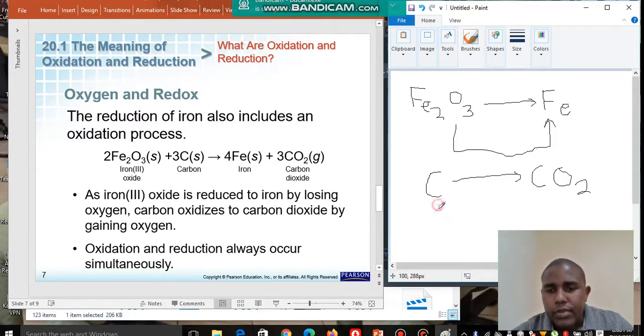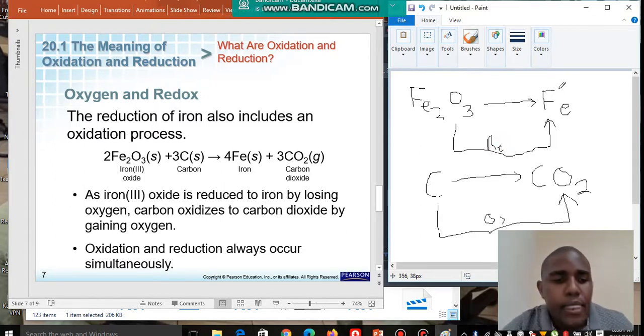As you can see, there is addition of oxygen into carbon to form carbon dioxide, and the addition of oxygen to carbon to form carbon dioxide is called oxidation, and this is the reduction reaction, when iron oxide was actually converted to iron metal. A point to note is that always when reduction occurs, oxidation also takes place. They occur at the same time.